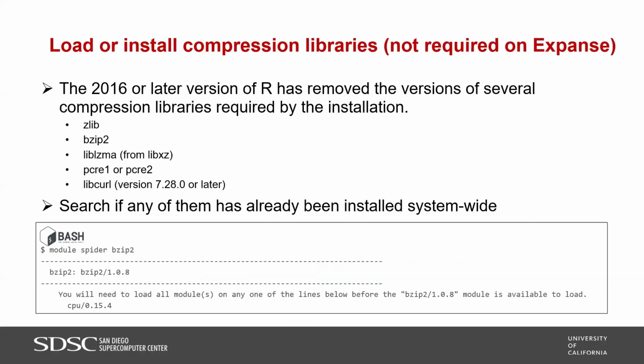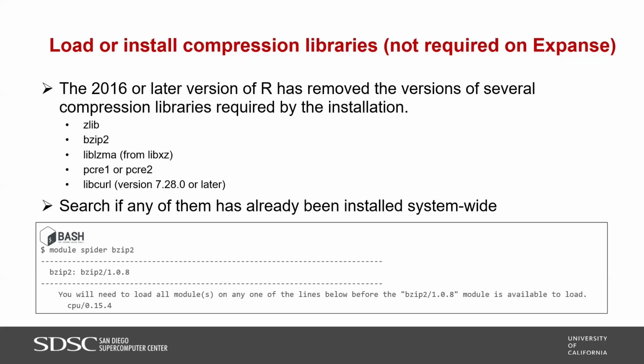But what if those compression libraries are not available? You can just search the modules on your cluster to see if you can find any one of them. If you can, just load those modules.